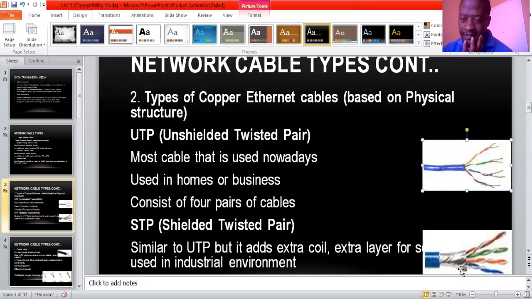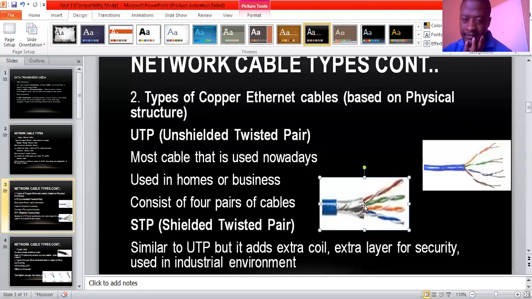On the STP there is this other layer here, added for security purposes. You see this thing that is wrapped around them. But the UTP does not have that. They're more or less the same, but the only difference is that this one has this extra coil.